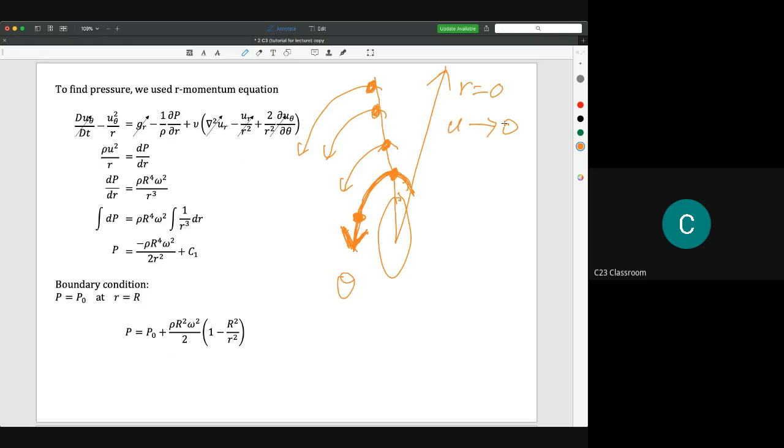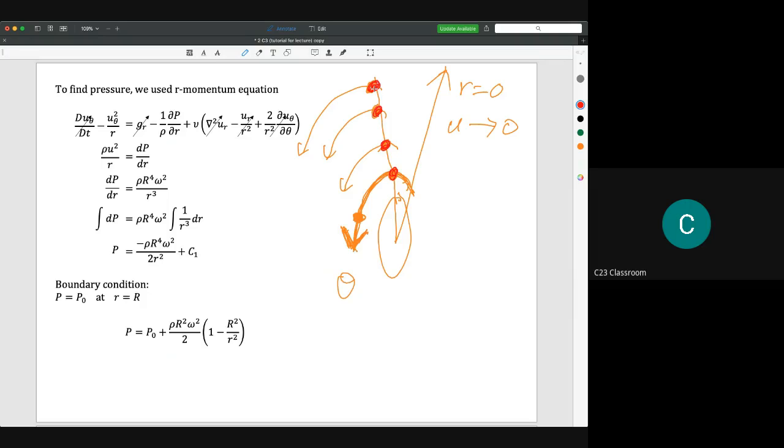So the velocity at this point and at this point keeps changing.